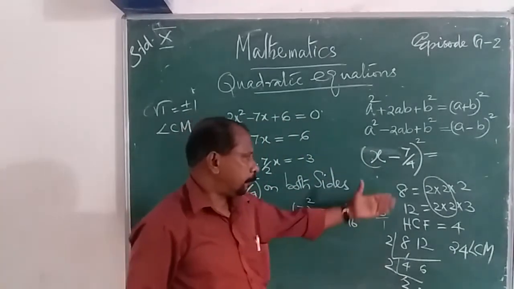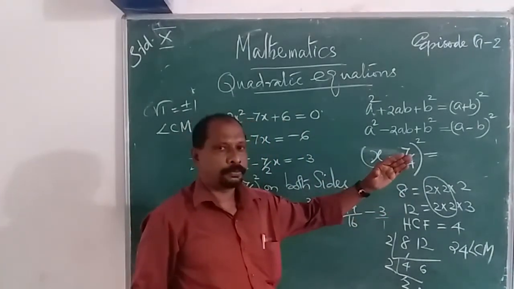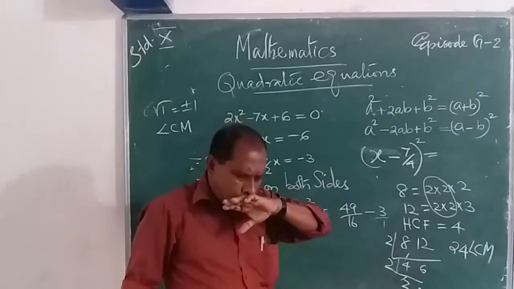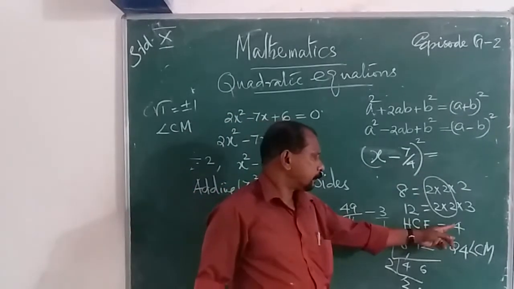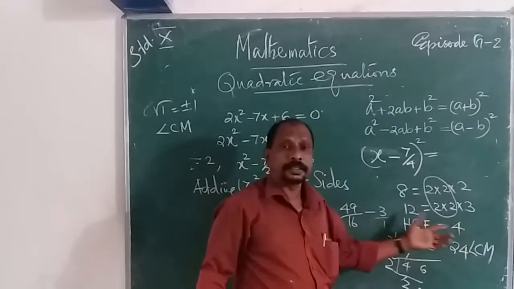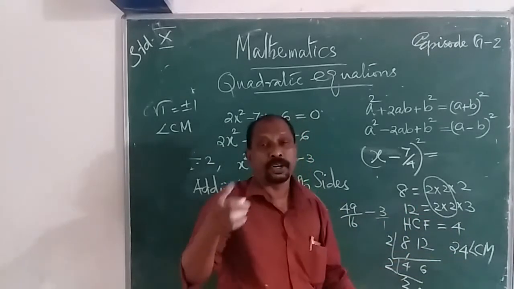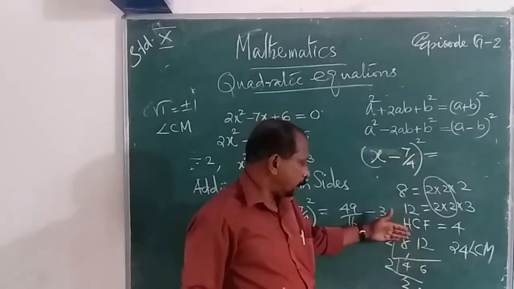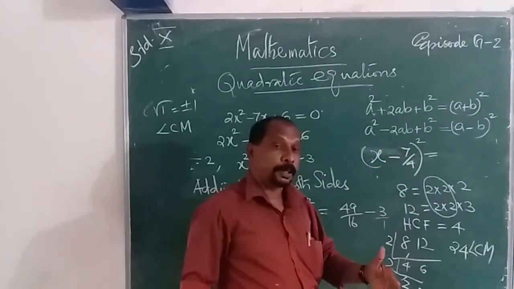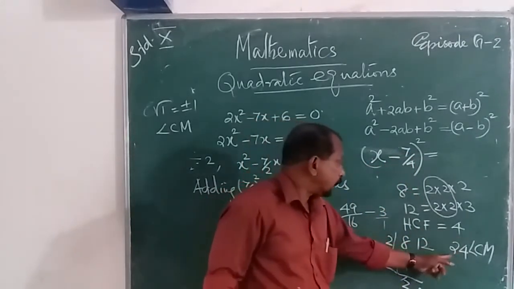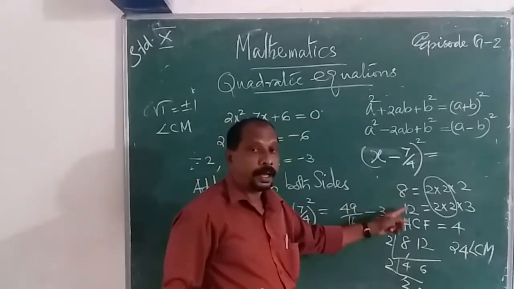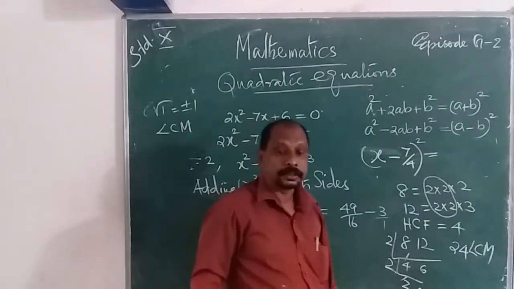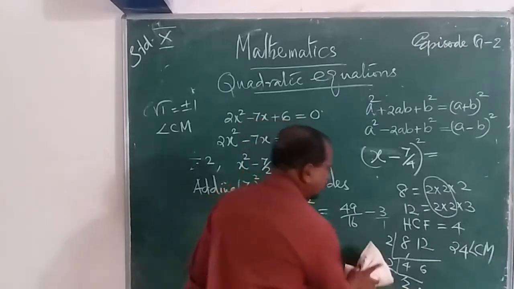That means the common highest factor between 8 and 12 is 4. That is highest common factor or GCD, greatest common divisor. Similarly, the least common number 24 is divisible by 8 and 12. That is LCM.